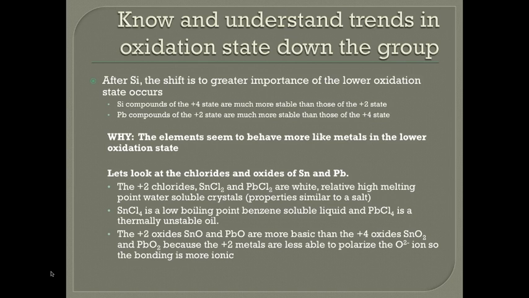And the +2 oxides SnO and PbO are more basic than the +4 oxides SnO2 and PbO2, because the +2 metals are less able to polarize the oxygen ion. So the bonding ends up being more ionic. So trends in oxidation state are similar to the kinds of things we've seen when we talk about allotropes and how they change from different organization of the element.